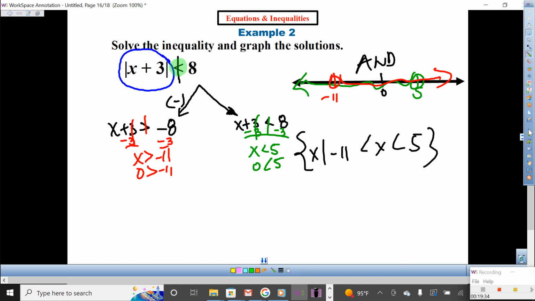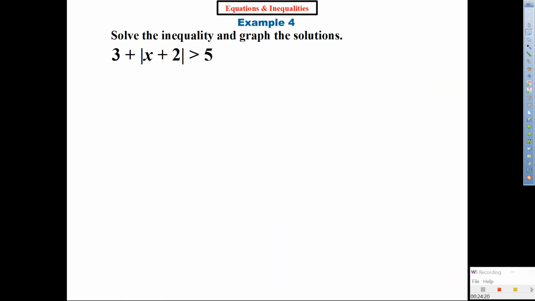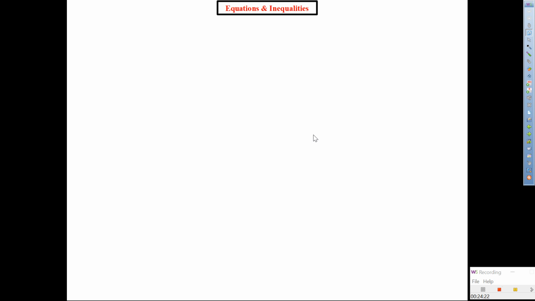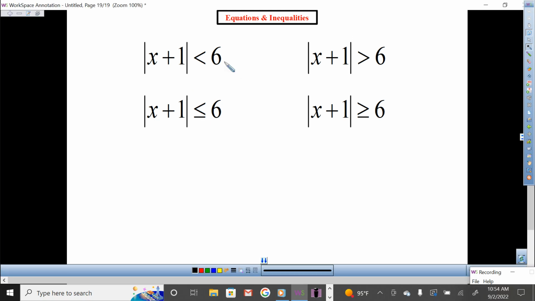All right, so let's summarize that. Copy these, please. We have absolute value x plus 1 less than 6, or absolute value x plus 1 less than or equal to 6. And underneath, I'm going to put a blank. You need to write a word right there. And over here, x plus 1 greater than 6, x plus 1 greater than or equal to 6.